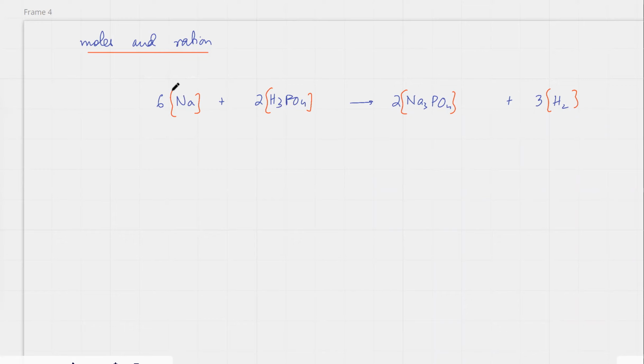Remember the masses, usually they don't have a ratio. For example, let's say there's one person standing over here and there's another person standing over here in a different room.